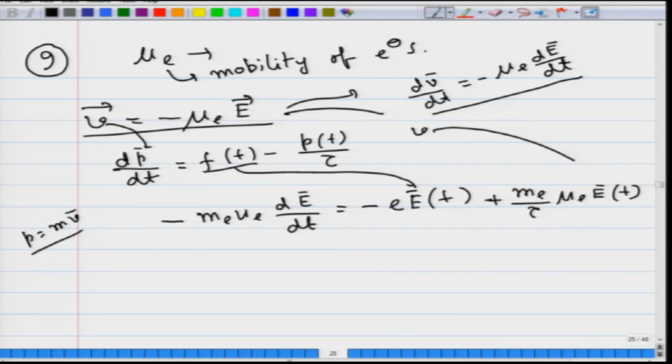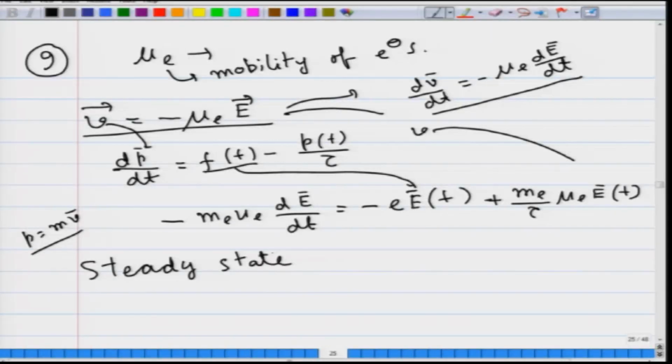So we consider steady state, we can consider that after a very long interval of time the system does not change so much. So in steady state we can write d dt equals 0 after a very long interval of time.